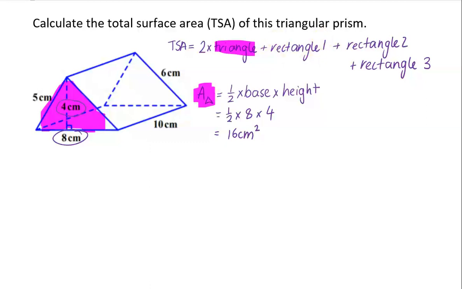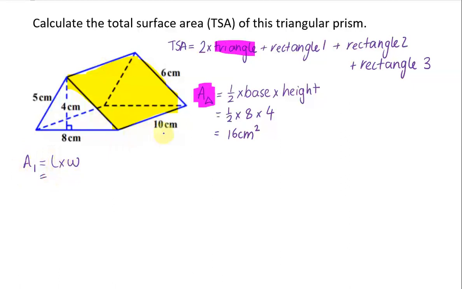Now we need to have a look at rectangle number 1. Let's do rectangle number 1 in yellow. I'm going to color it in so we can see it. It's this rectangle here that we can see on the front of the shape. You'll remember that the formula for calculating the area of a rectangle is area 1, because it's rectangle 1, equals length times width.